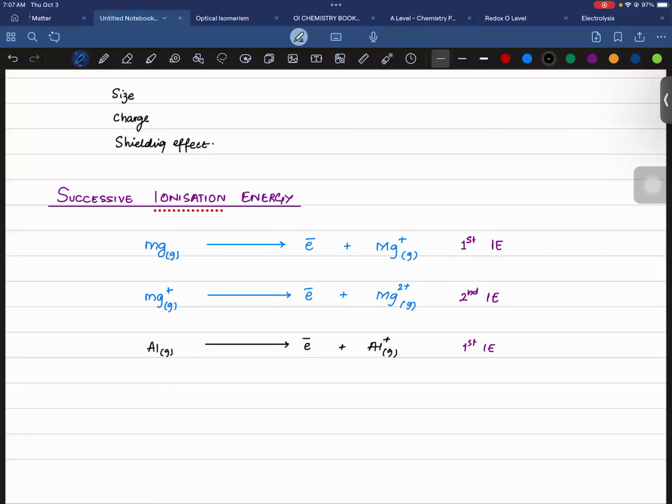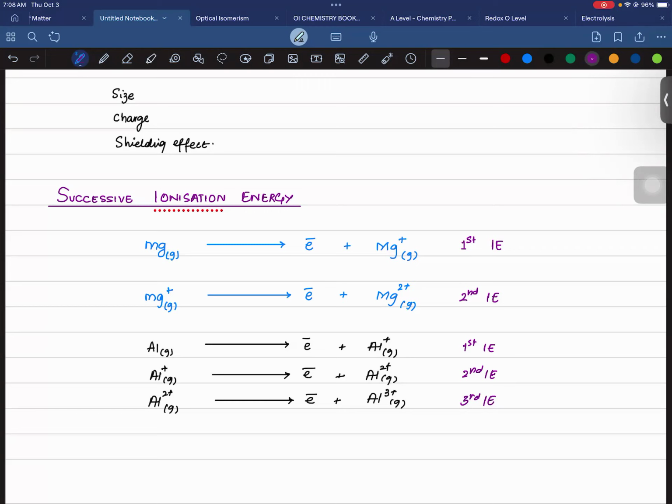Then I would be removing its second electron, forming a positive 2 ion. This would be called second ionization energy, and then I would be removing its third electron, forming a 3 plus ion, and this would be the third ionization energy.